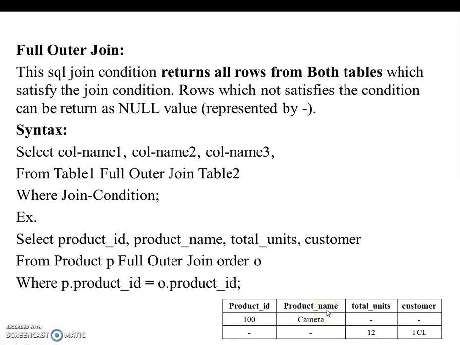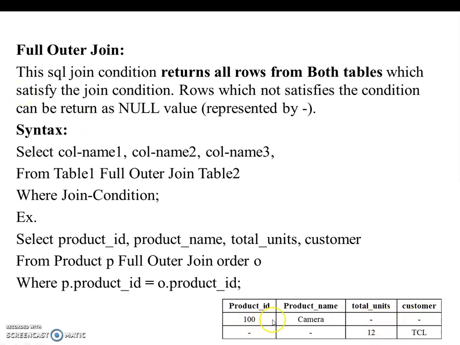Next is a full outer join. Actually it is a combination of left outer join and right outer join. That means it takes the result and combines the results from the left outer join and the right outer join, and hence we can say it will return all the rows from both tables which match or satisfy the condition, and which are not matched will be written as null.